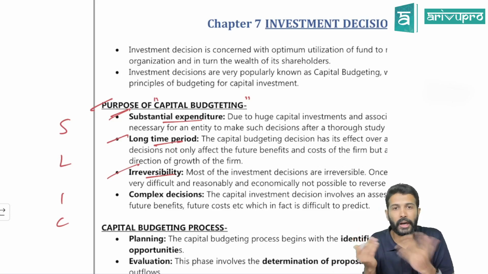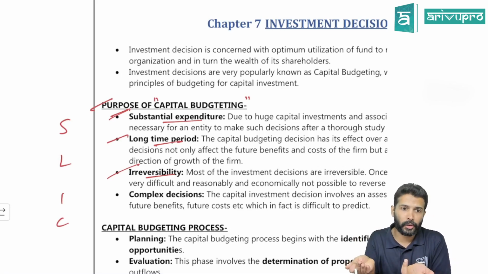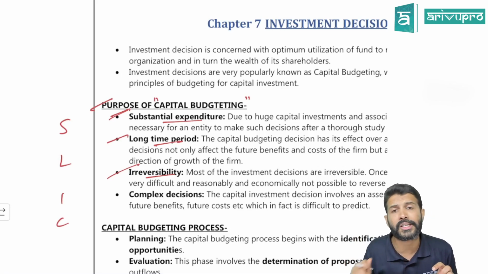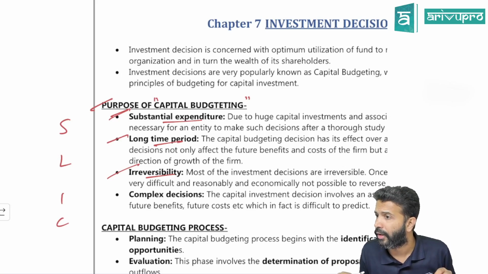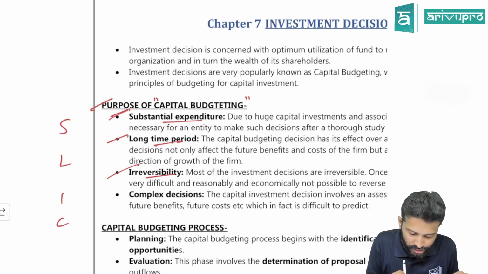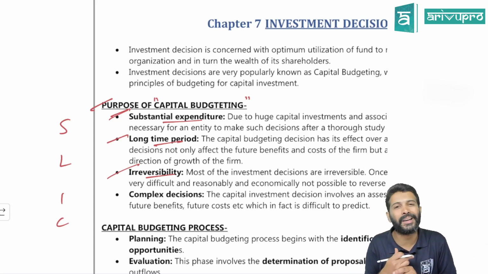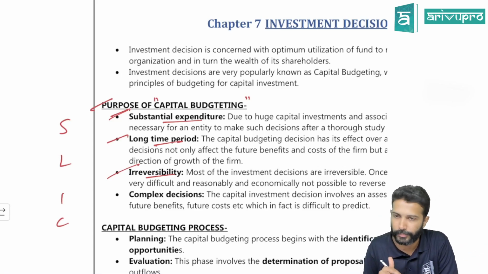If I buy machinery now and it is useless for me, can I scrap it in the second year and buy a new one immediately? No, because I may not have that much money power. So the majority of these decisions could be irreversible, because it is not easy or economically feasible to reverse them.